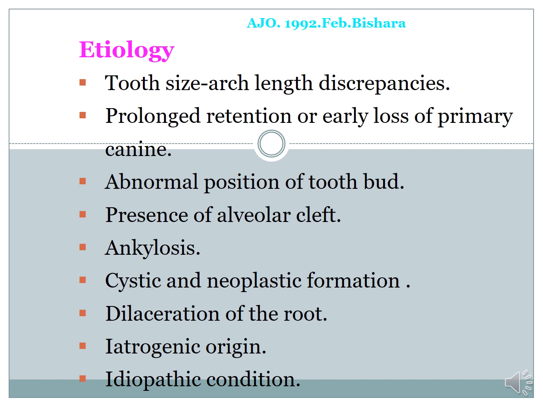And then there is prolonged retention of primary teeth, and the tooth bud itself is abnormally positioned, and then there is the presence of a cleft or ankylosis of deciduous teeth. Of course, the rarer cystic and neoplastic formation, and then when there is a dilaceration of root, all these things can hinder the eruption process of the canine, and it will stay somewhere inside the maxilla.